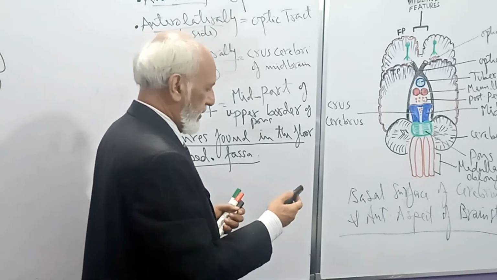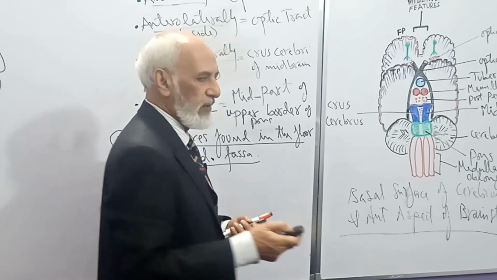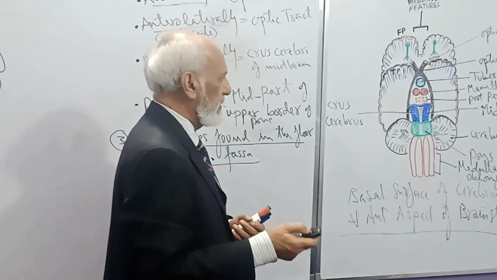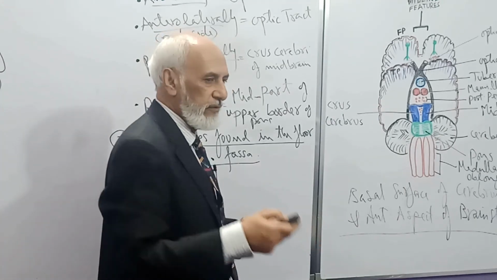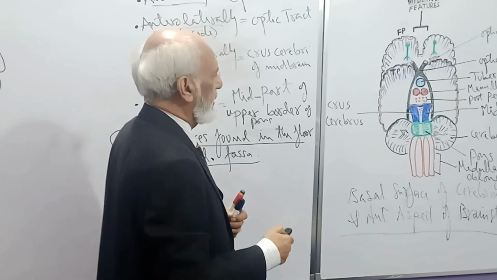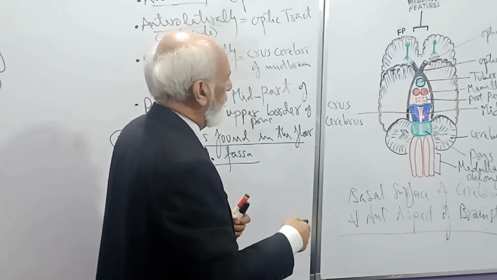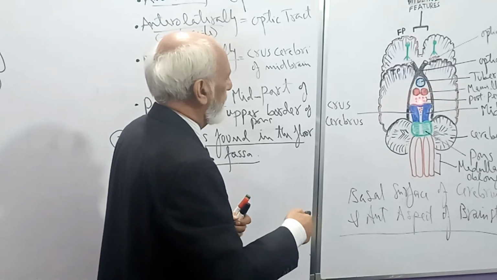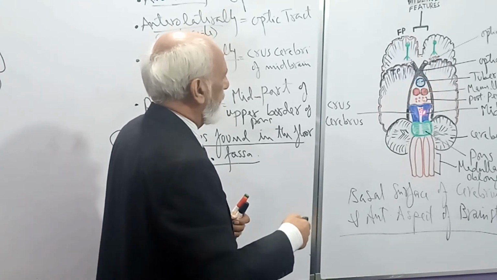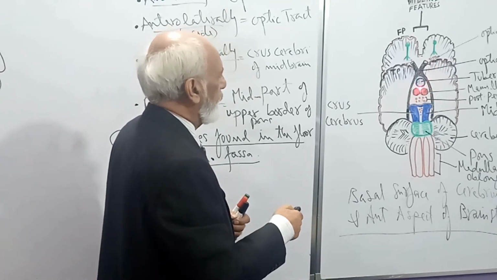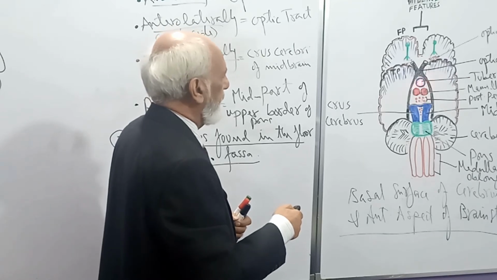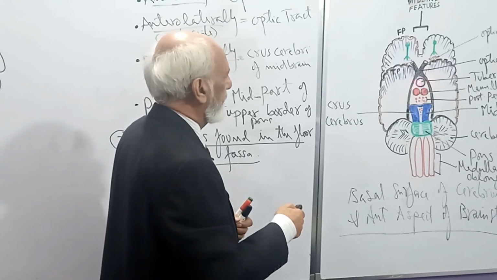Now, what are the structures? You are familiar with all these structures because we discussed these again and again in the previous lectures. So these are the structures found in the floor of the interpeduncular fossa. From before backward, what are the structures? Can you see the tuber cinereum?